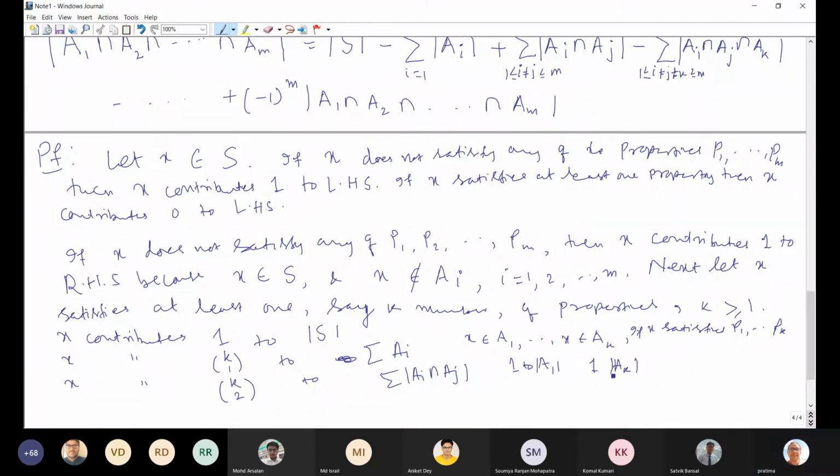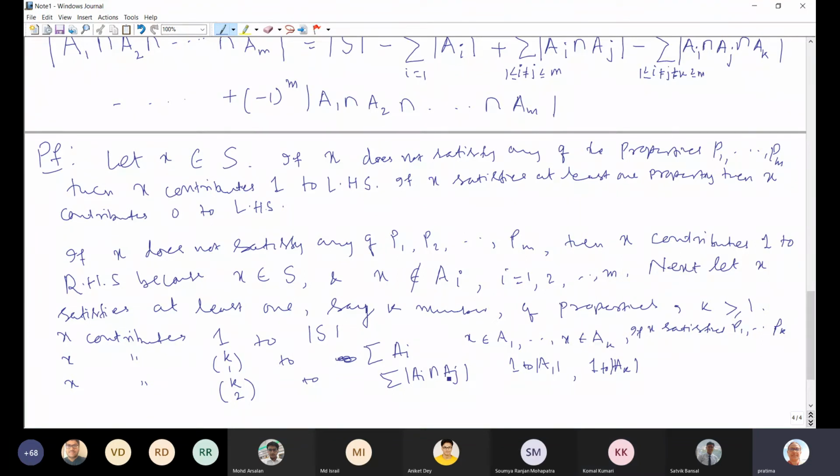For all other Ai, x will contribute 0, since x is not there in any other sets. So altogether x contributes k choose 1 to the summation of Ai.